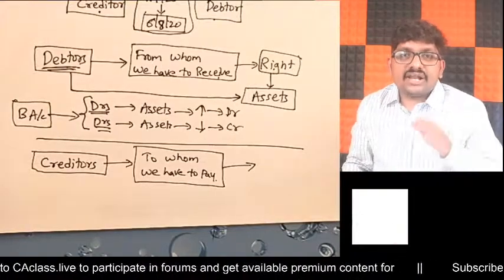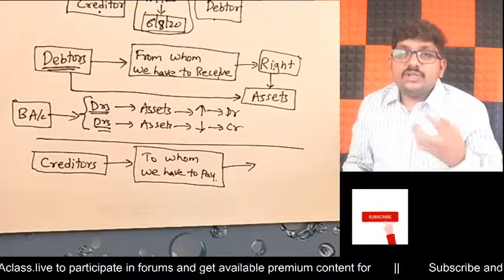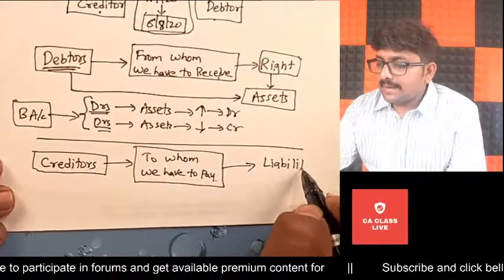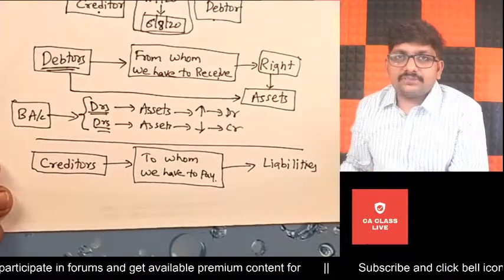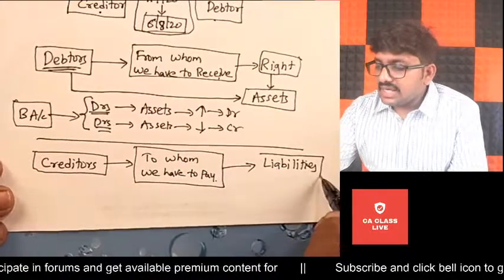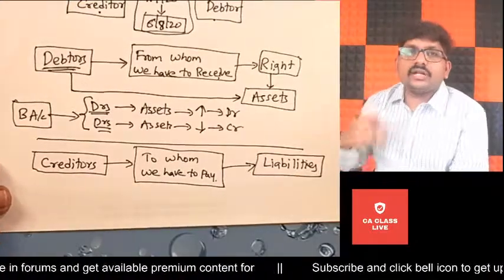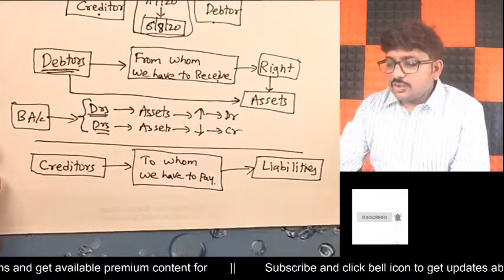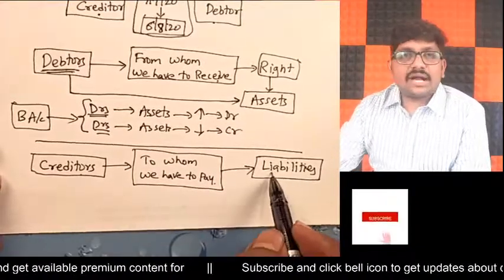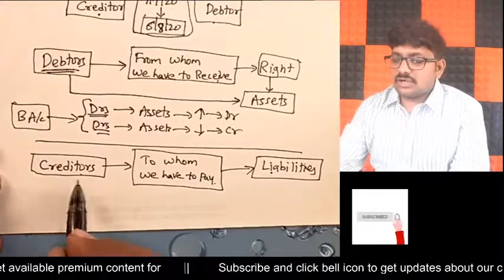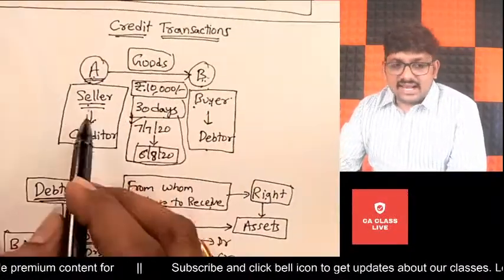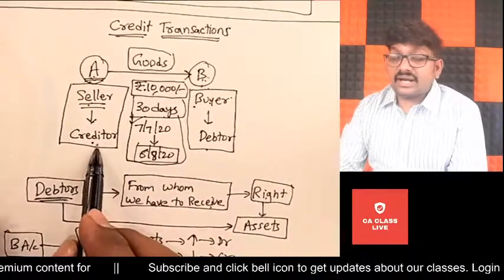So whenever that burden arises, you call it liabilities. You have the duty to repay that money. So you categorize creditors as a part of liabilities. In this example, let us see, a seller became a creditor. Creditor for whom?